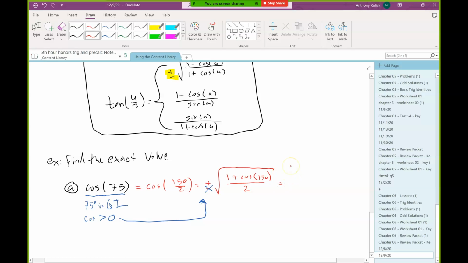Okay. So I'll go to my unit circle now, and I'll look up what cosine of 150 is. When I do that, I get negative root 3 over 2.